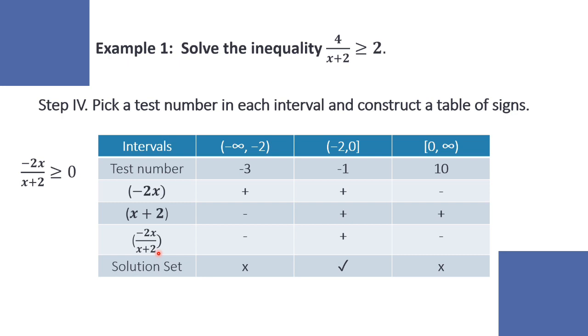Next, the expression negative 2x over x plus 2. Just divide the numerator by the denominator. Positive divided by negative is negative. Positive divided by positive is positive. Negative divided by positive is negative. So that's for the solution set. What will be our solution set? In the inequality, negative 2x over x plus 2 is greater than or equal to 0. So what numbers are greater than or equal to 0?